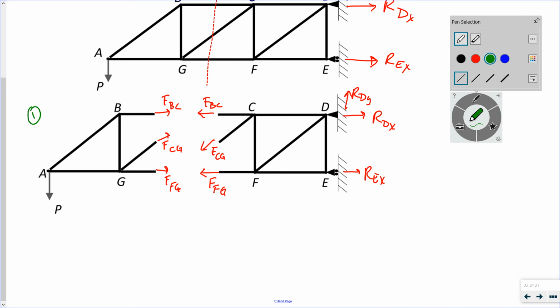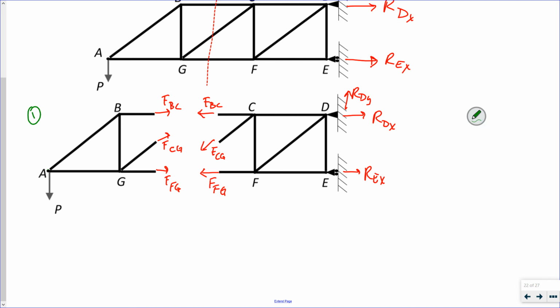It has one known force, the applied force P. And 1, 2, 3 unknown forces. Now, since I can have 3 equations of equilibrium, I can solve this.